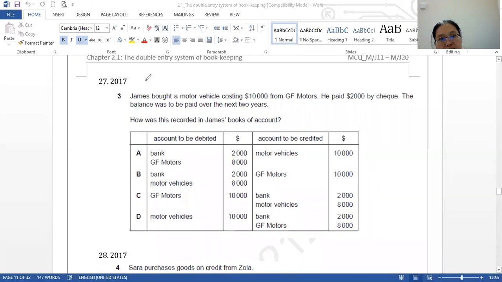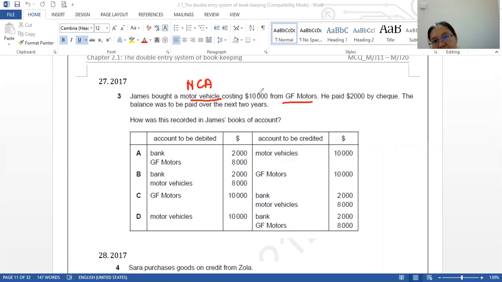Okay, 27. James bought a motor vehicle costing 10,000 from GF Motor. He paid 2,000 by check. The balance was to be paid over the next 2 years. How was this recorded in Jama's book of account? So this motor vehicle is a non-current asset.